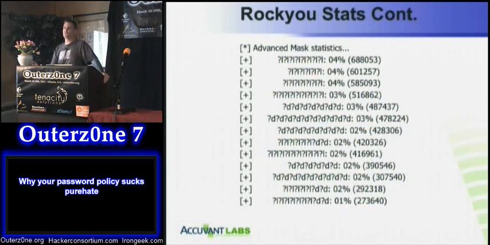So what that tells me is that people are not using a lot of uppercase letters in real-world passwords. You can see that the most popular mask was 8 lowercase digits, which we already determined from some of the other stuff. But this type of thing is useful because once you start adding up lists and lists, you can start seeing what the most common masks are. And keep in mind this is only one list.